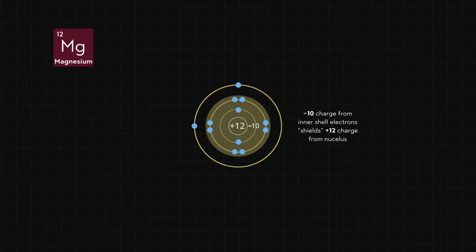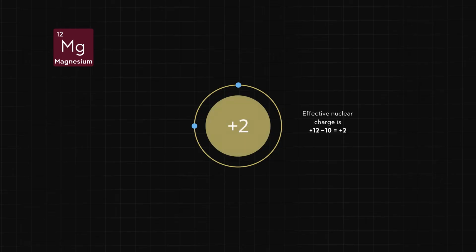This results in an effective nuclear charge experienced by the outer electrons of +12, -10, giving +2. So ionizing magnesium requires pulling a third shell electron away from an effective nuclear charge of +2.